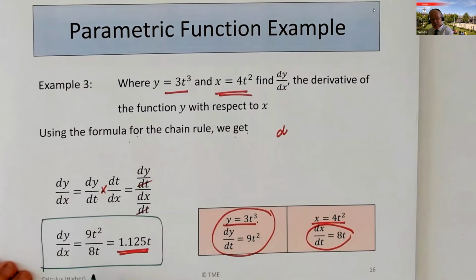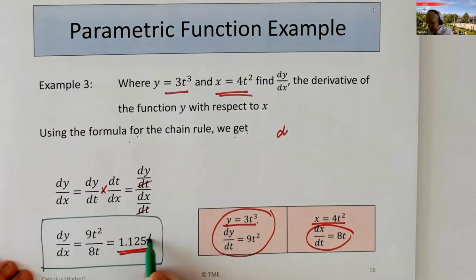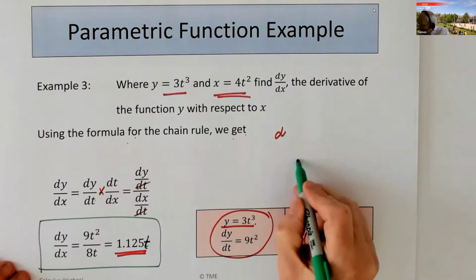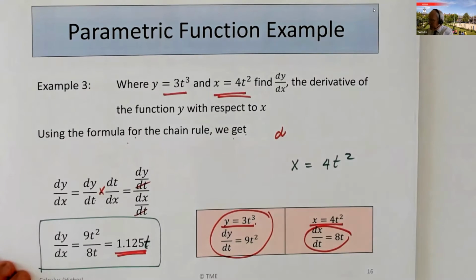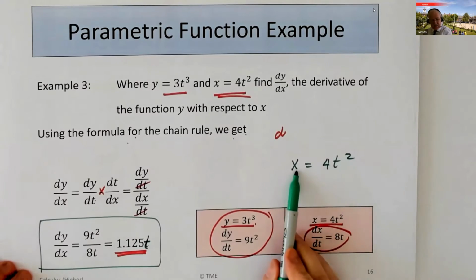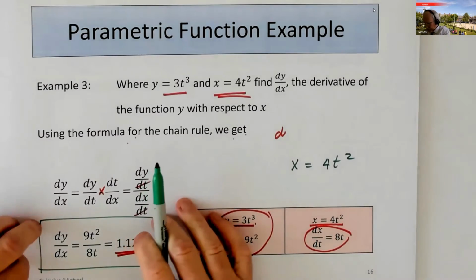dy/dx is right, but you see the way I still have t there? I really can't have t there. I need to get that back into x's. So I'll have to make that into x's in some way. I have an equation that says x is equal to 4t squared.